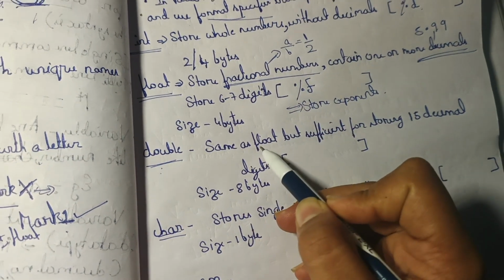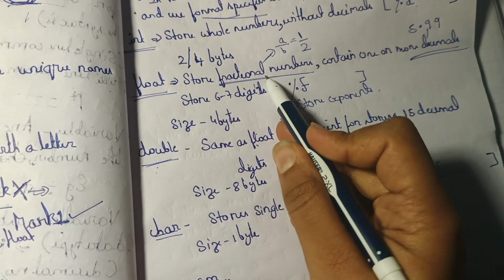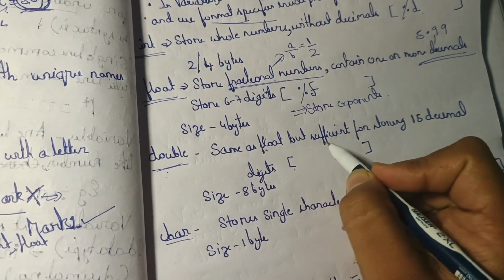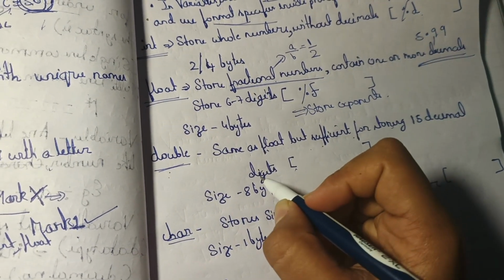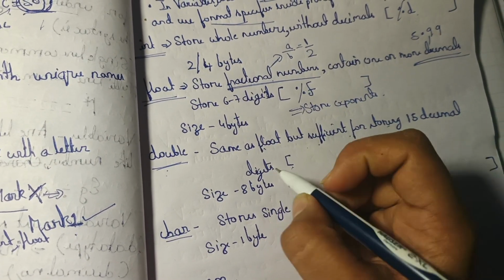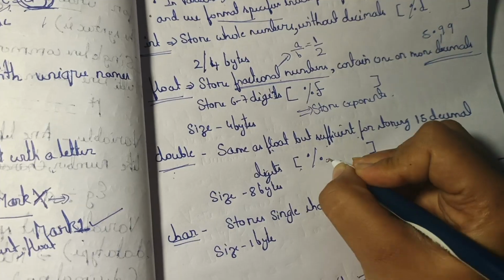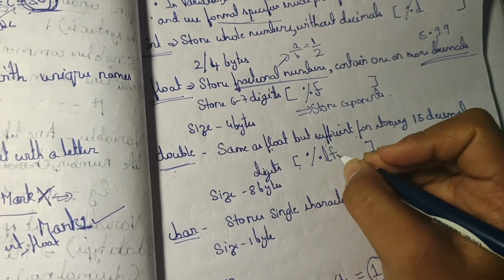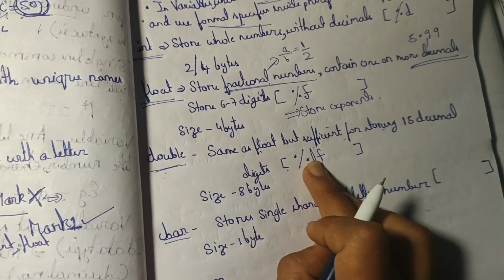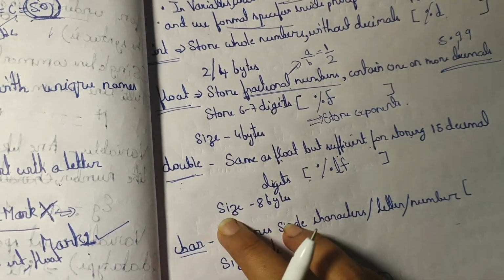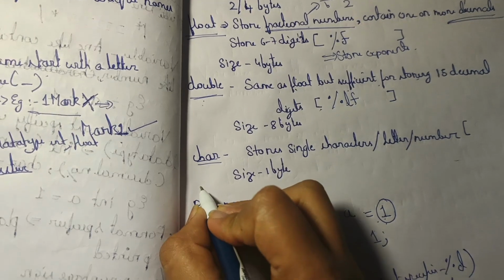It also has decimal numbers and can store fractional numbers, but it is sufficient for storing 15 decimal digits, meaning a larger number of digits. When you want to print this value, you have to use %lf, and its size is 8 bytes.